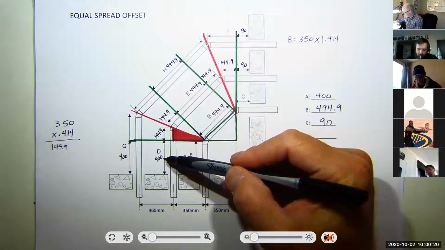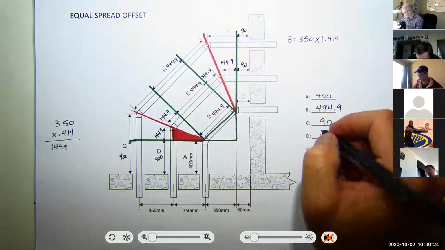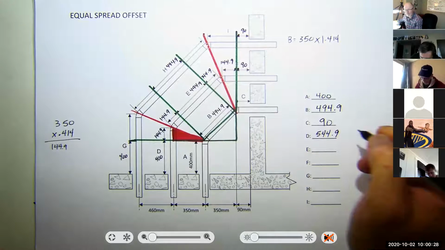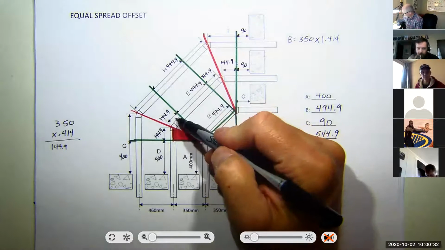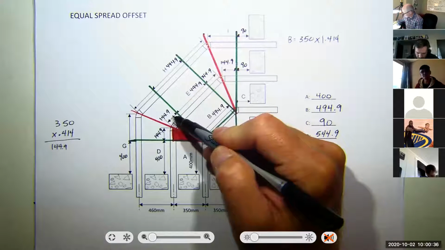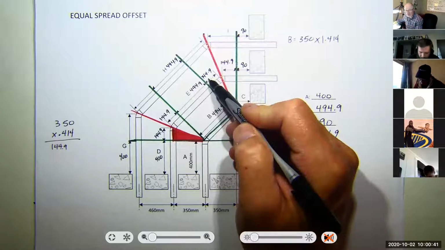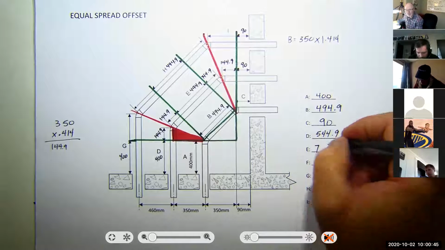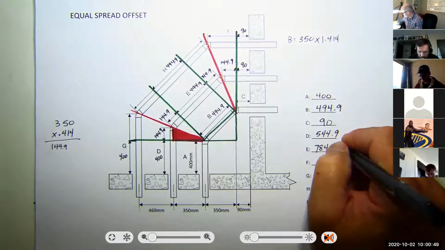So now I could solve for D. D is 400 plus 144.9, which is 544.9. E is these three added together: 144.9, 494.9, 144.9. So E comes out to 784.7.